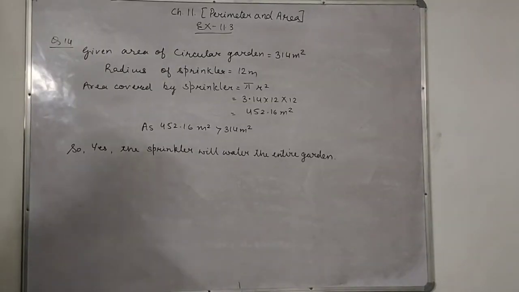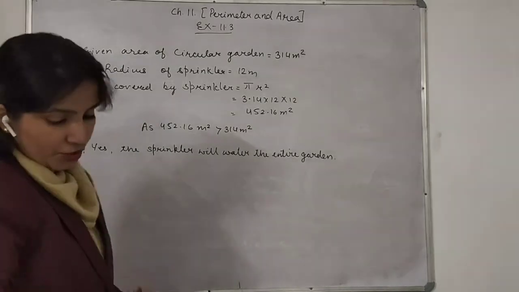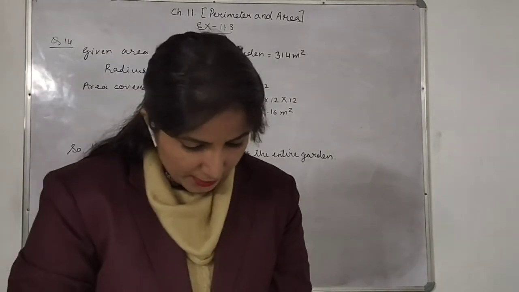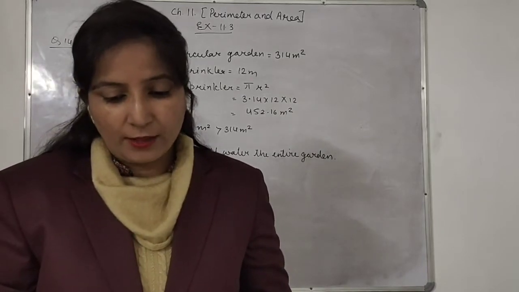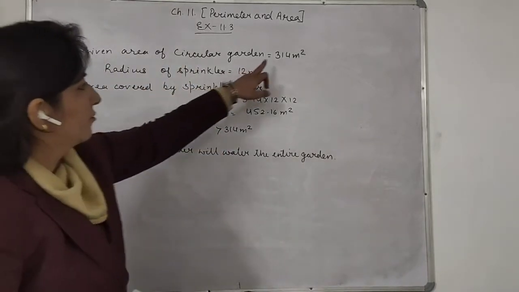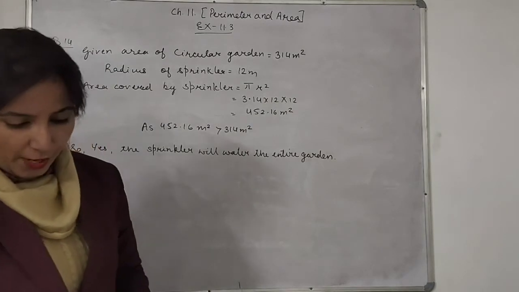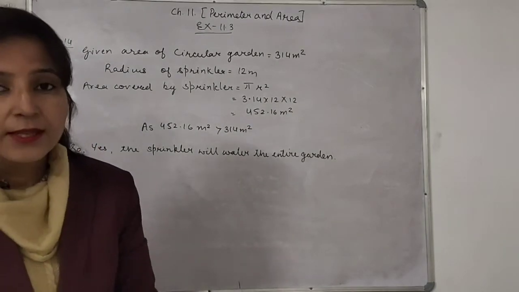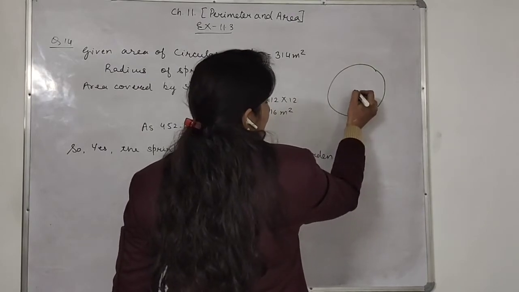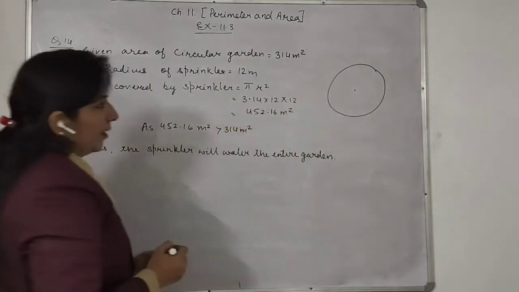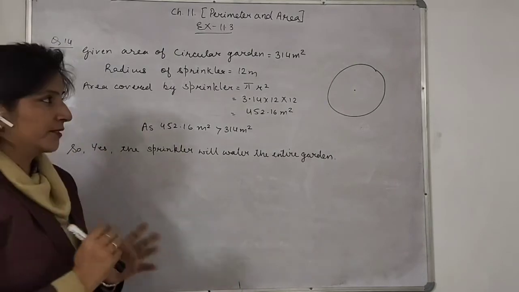Question number 14, students. In this question, it is given to us that there is a circular flower garden whose area is 314 meter square. And inside the circular garden, there is a sprinkler that's going to water this garden.